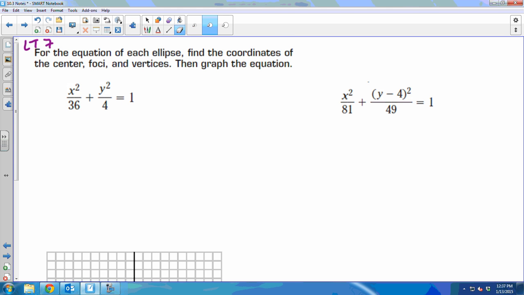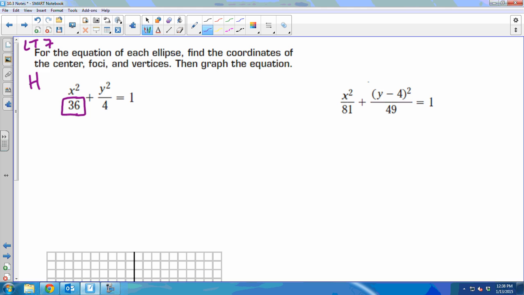On all of these, the first thing you should do is identify whether it's horizontal or vertical. How do I do that? Looking at an equation, you find the bigger denominator. So in the first example, which one has the bigger denominator? The x. So that makes this horizontal or vertical? Horizontal, because it's under the x. Right.